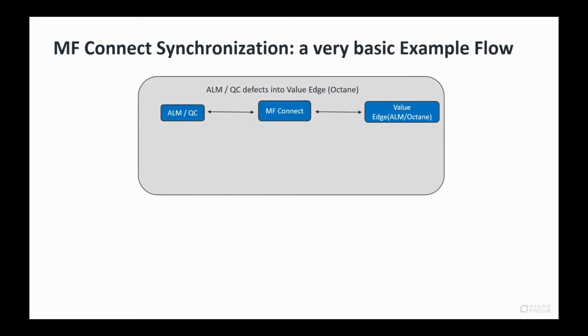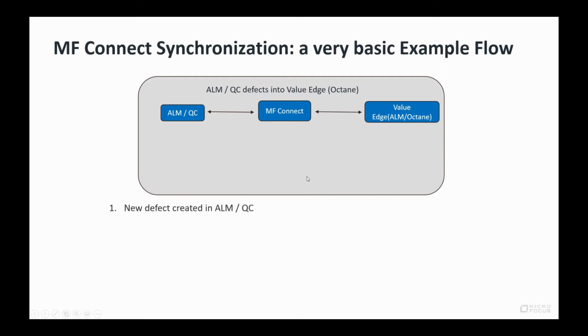So here is a basic flow chart of how MF Synchronizer works. In this diagram, we have two endpoints. Here we have ALM QC, and then on the right we have ALM Octane. In the middle we have MF Connect, which is our synchronizer.